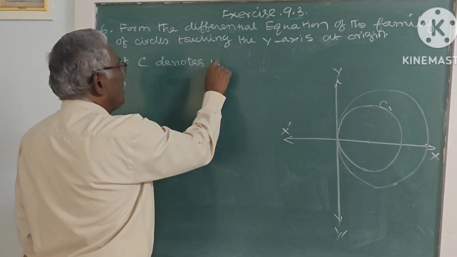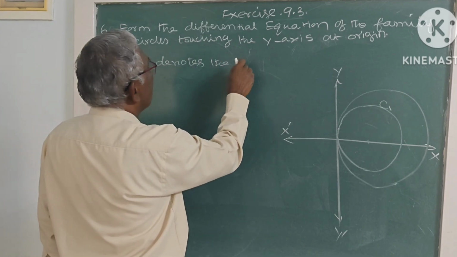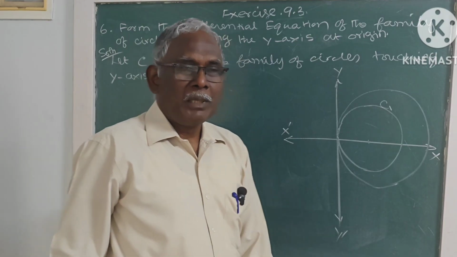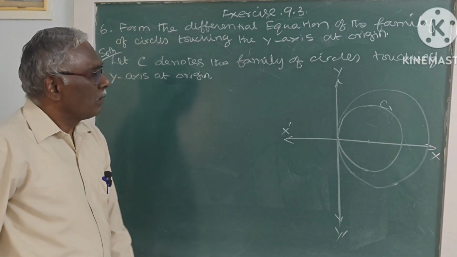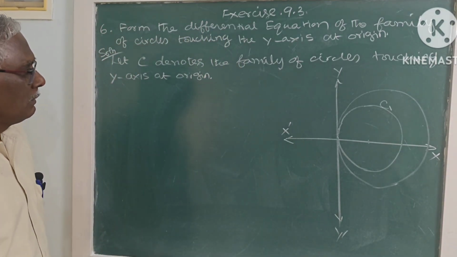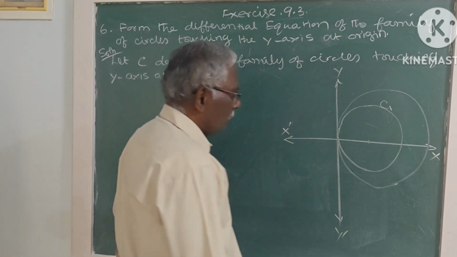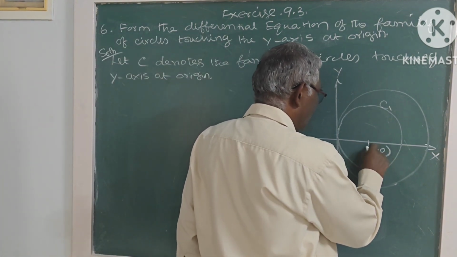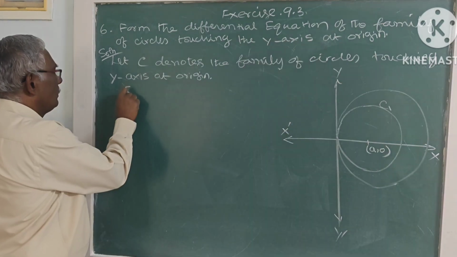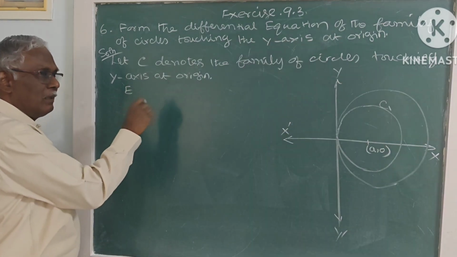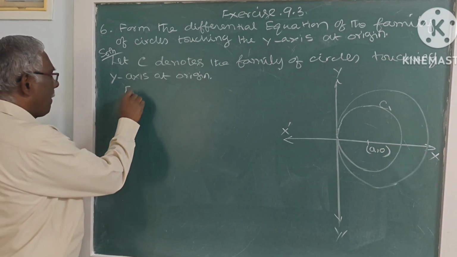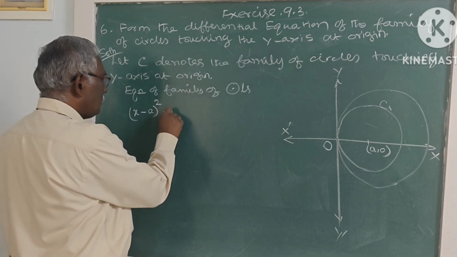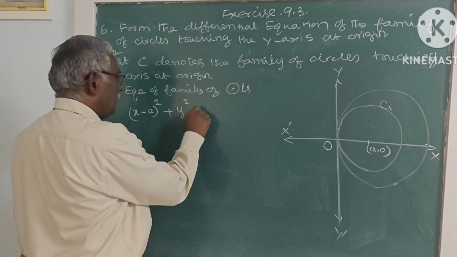Let C denote the family of circles touching the y-axis at origin. The center of the circle C1 is (a, 0). So the equation of the family of circles is (x minus a) whole square plus y square is equal to a square.